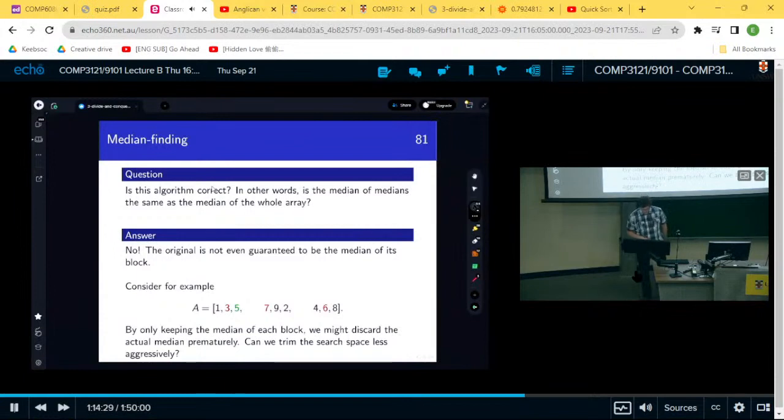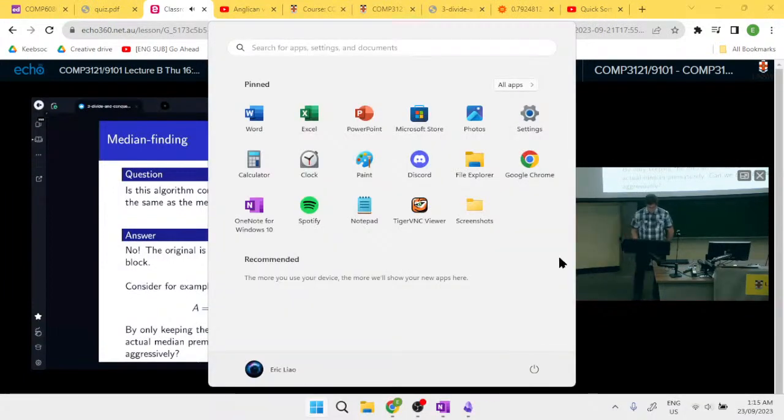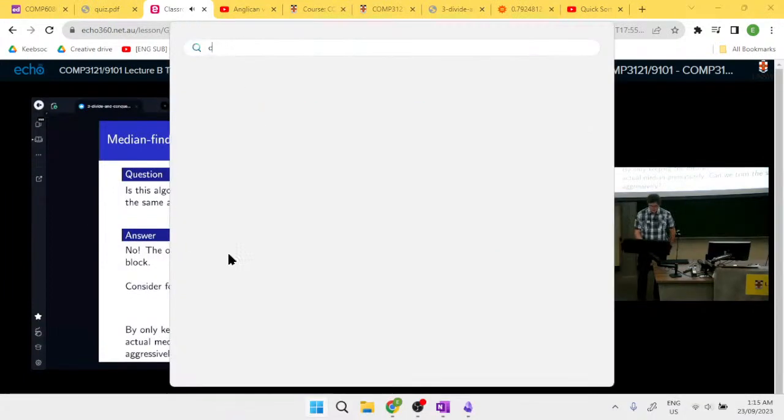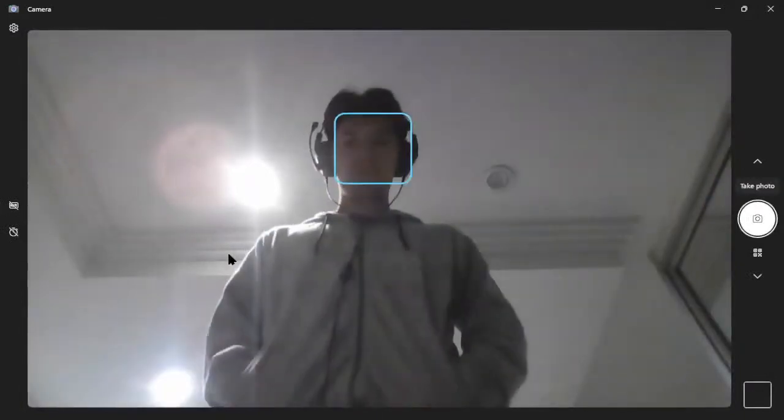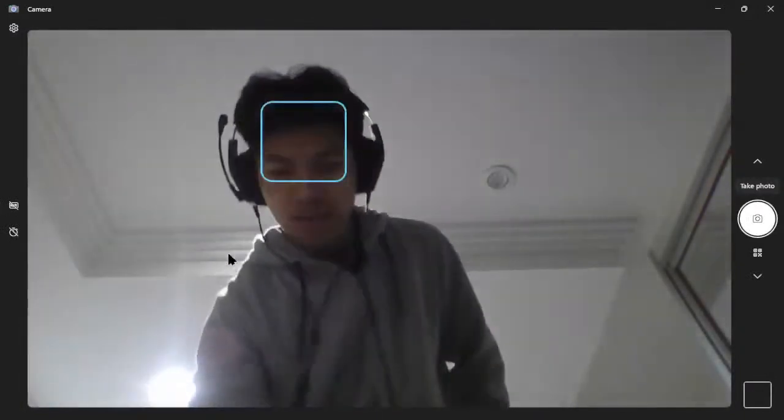What is the median of this whole array? 5. Let's see, we have 1, 2, 3, 4 numbers that are smaller than 5. The other ones are larger. Yeah, so 5 is the median. But our algorithm would have discarded the 5, and it would actually have returned this value as the median of medians. Okay? So our algorithm is incorrect.